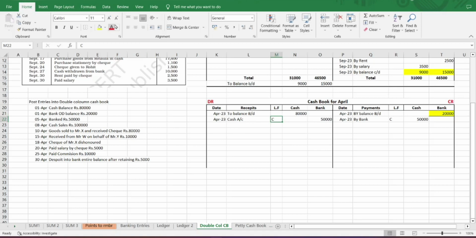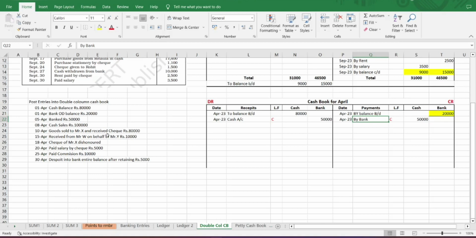I hope this is clear to you. Repeating it again, banked 50,000 is nothing but cash deposited into bank. We are depositing it into bank, which means we are paying it. So on the payment side, by bank, cash column 50,000, and on the cash account, bank column 50,000.